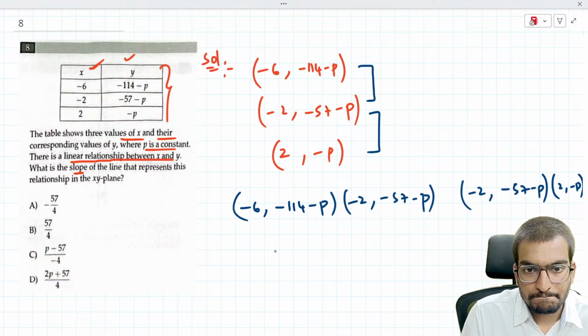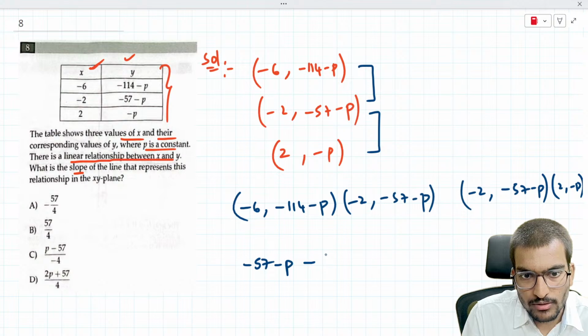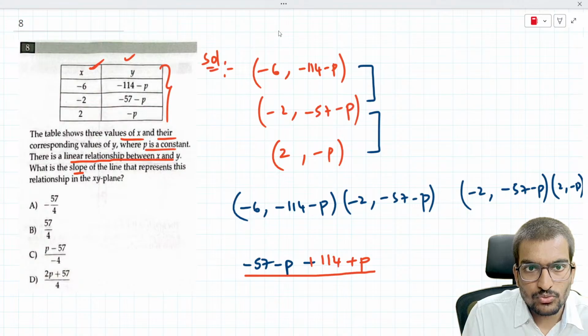So y2 minus y1 is negative 57 minus p, minus of negative 114 minus p, which is plus 114 plus p, divided by x2 minus x1, which is negative 2 plus 6.